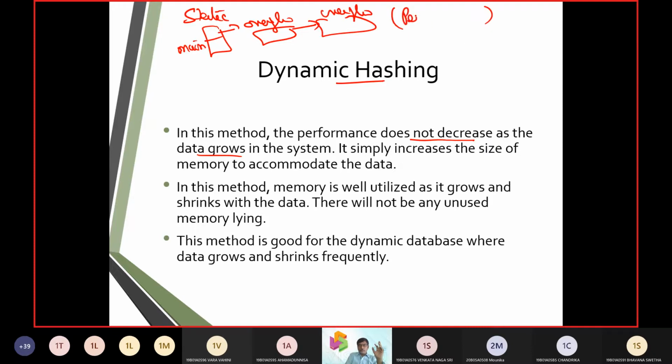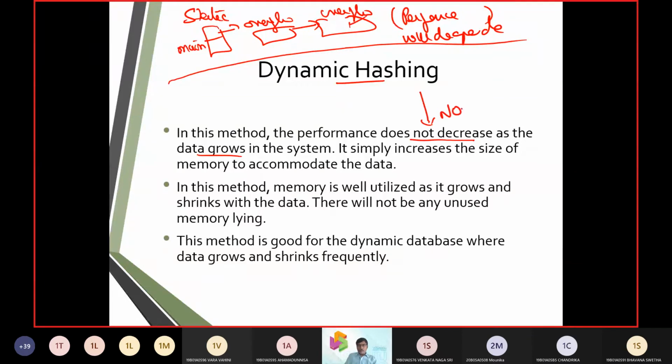So here performance will degrade, because the overflow chain has to be accepted. But now in dynamic hashing, there is no performance drop. That was the key takeaway for why we are proposing dynamic hashing.